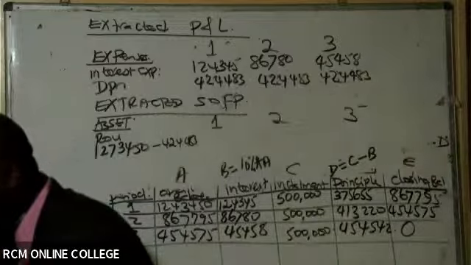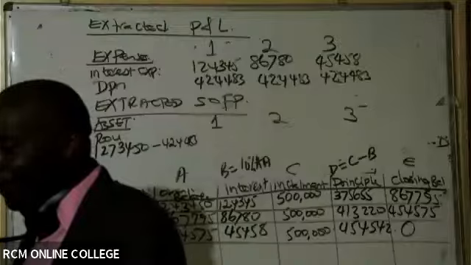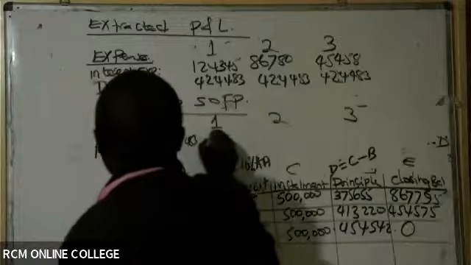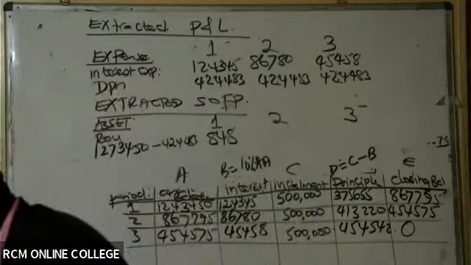So at the end of year 1, according to Masqui, it is 848,967.